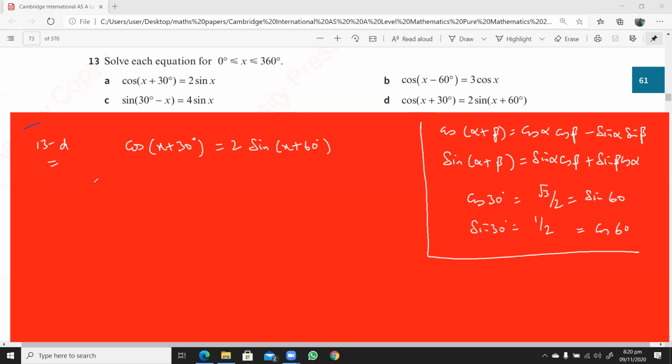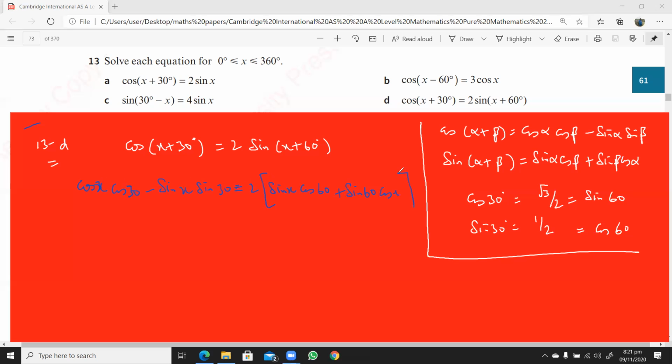So this is going to be cos x cos 30 minus sin x sin 30. And then this one is going to be 2 into sin x cos 60, plus sin 60 cos x.